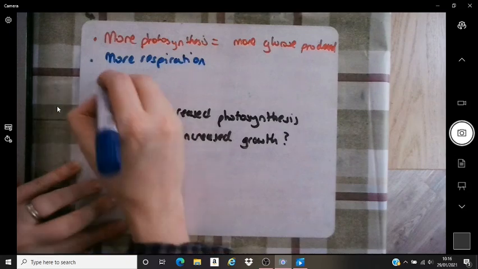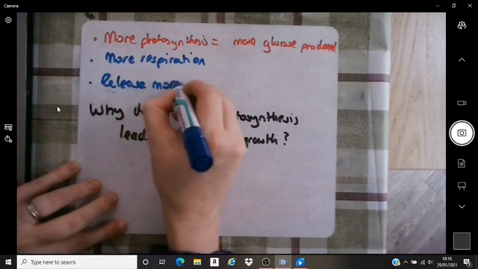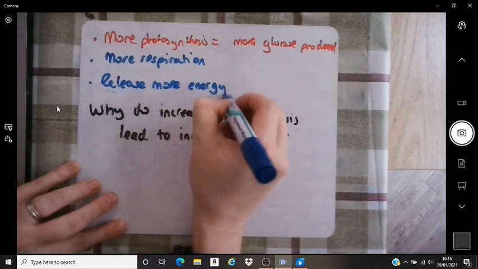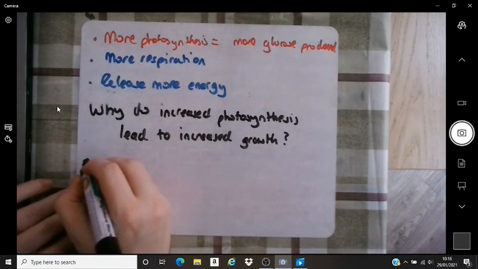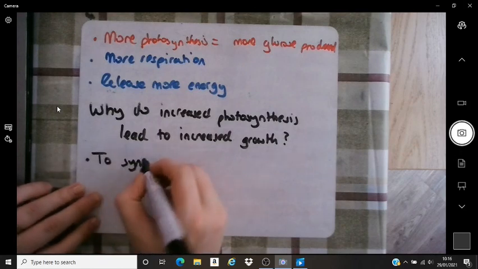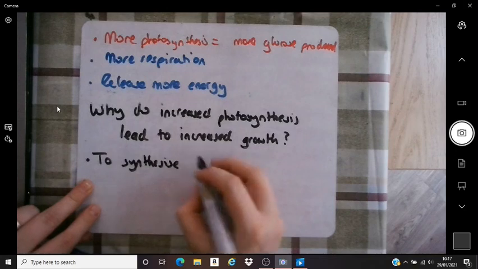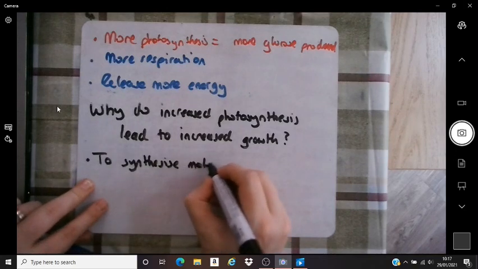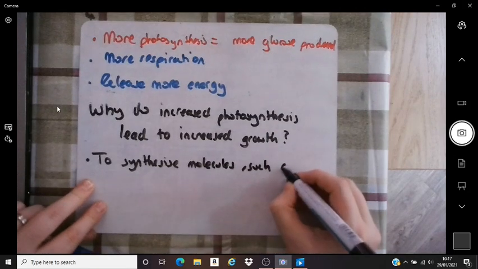If we've got more respiration, we're going to release more energy. If you're releasing more energy, well then you're going to have more energy to synthesize, that means build, large molecules such as amino acids.